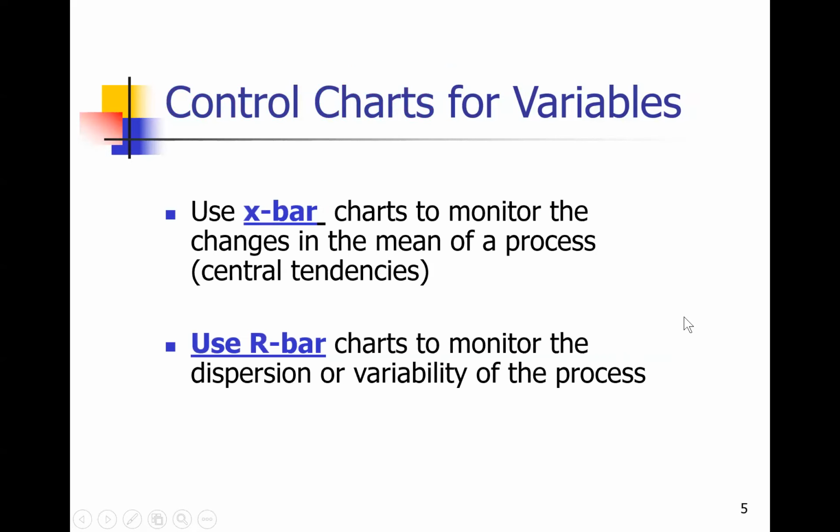Now we are discussing control charts for variables. For developing control charts for variables, use the X bar chart and R chart. The X bar chart means average chart and the R chart is the range chart.